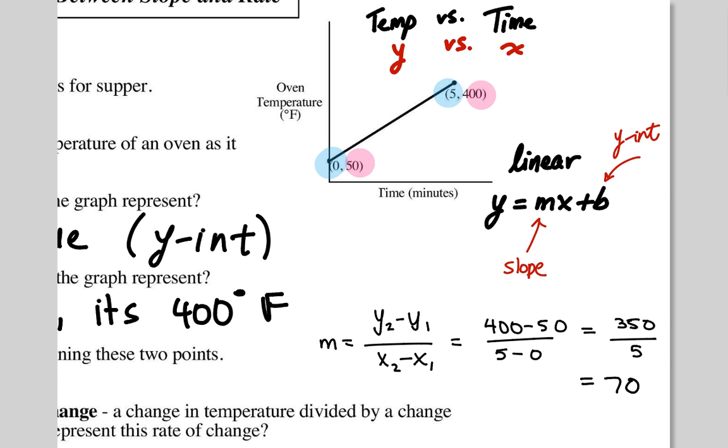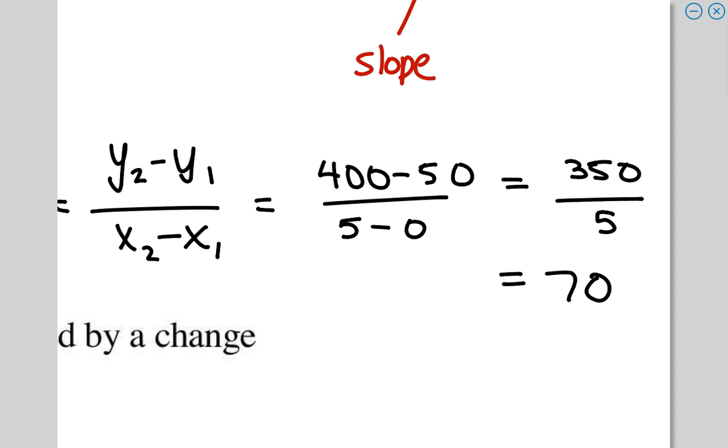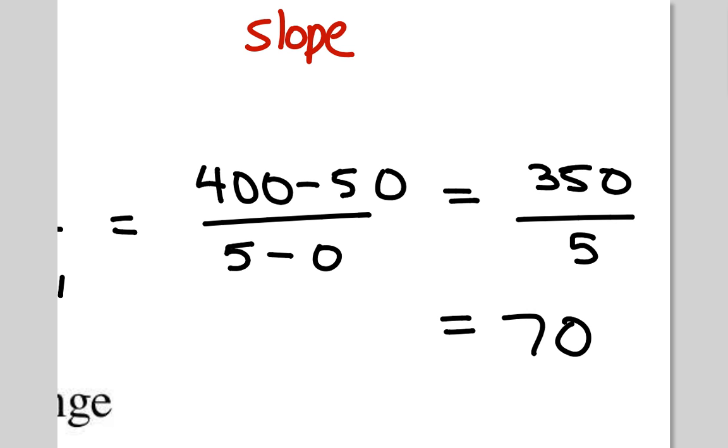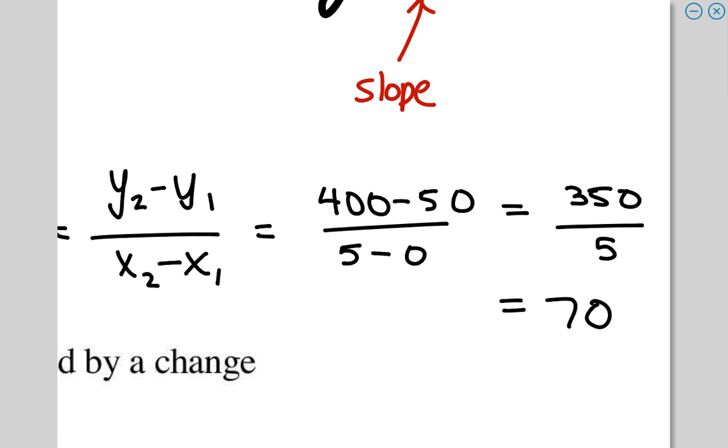Now, because this is a rate, you need to be aware of units. And you notice I was lazy. I did not take care of units. So what units are the y coordinates? Degrees Fahrenheit. And what's the unit for x? Time in minutes.